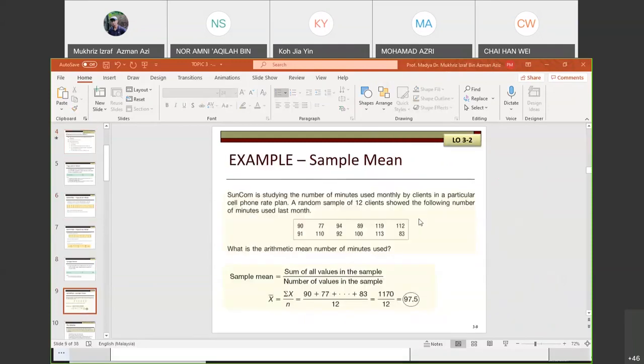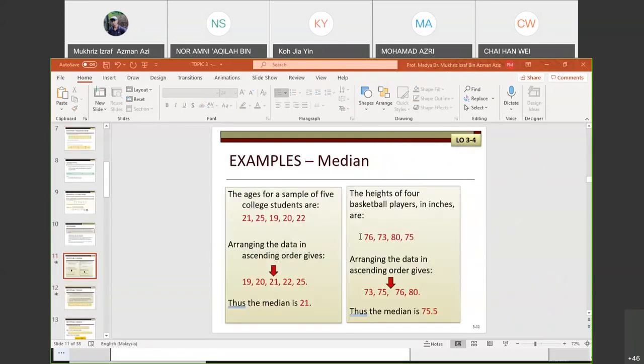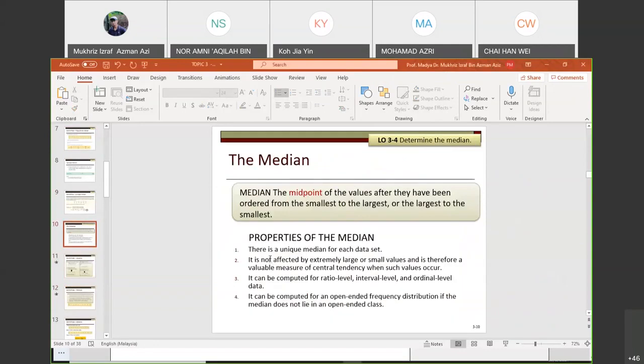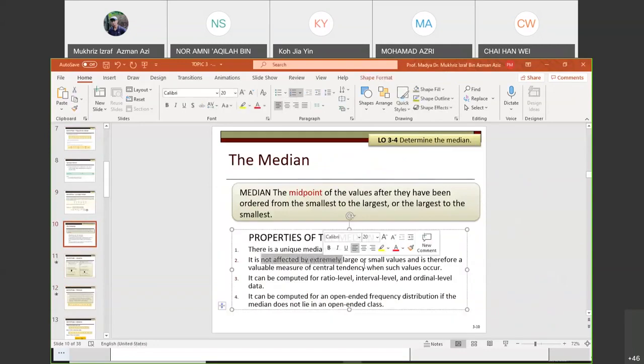But if you are using median, it is not affected, because you don't add anything, you don't divide by anything. You just arrange from smallest to largest, and you get one value that is located in the middle of your data. It can be computed from ratio or interval and also ordinal data. Ordinal means you can rank.